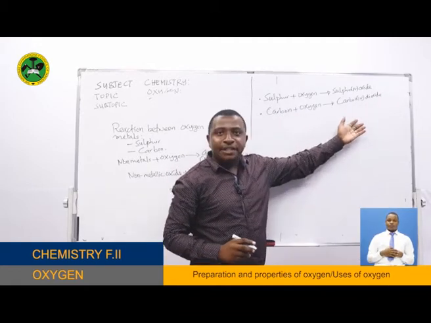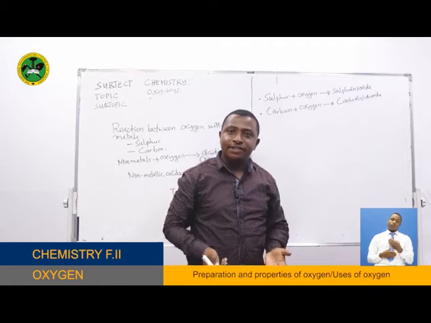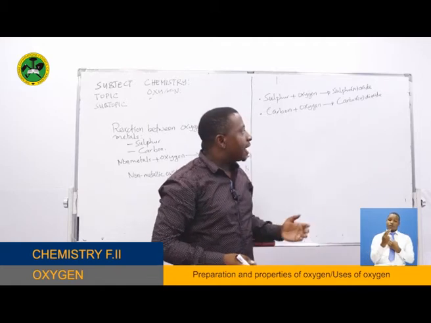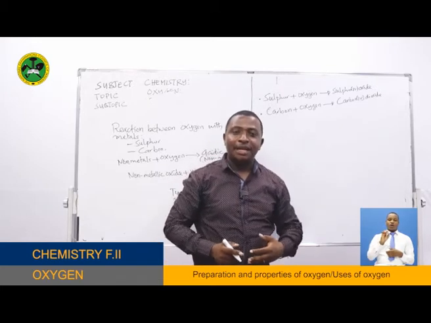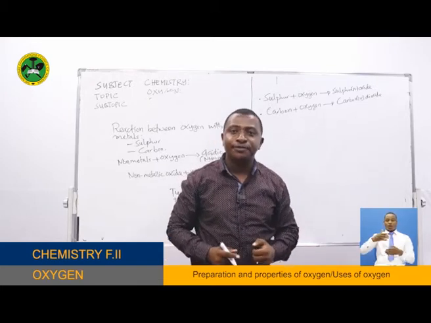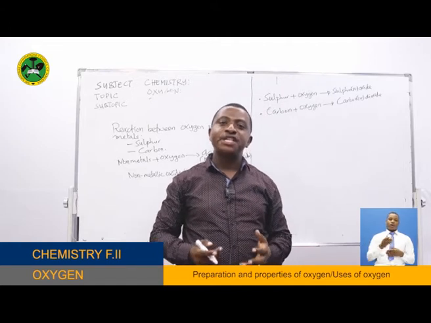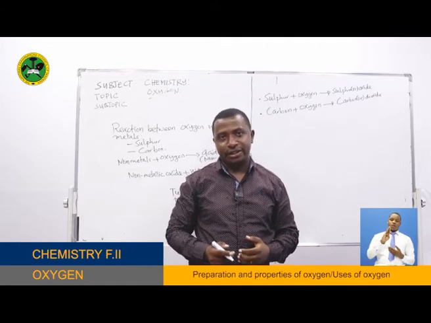Carbon dioxide is also an acidic gas. Carbon dioxide is also an acidic oxide. It dissolves in water to give an acidic solution of the acid known as carbonic acid.